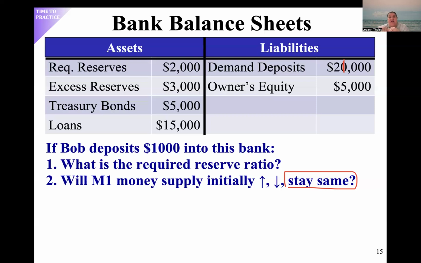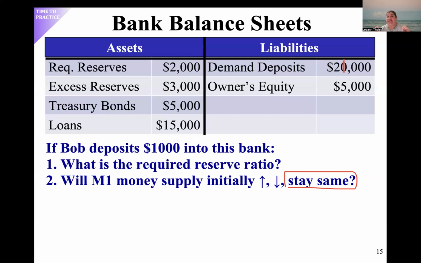I just take it from one pocket and put it in the other pocket, but it's in the same pair of pants, maybe. Does that help you? Like cash in one pocket and cash in my checking account in the other. I'm just moving it from one pocket to the other. We have not generated any new money yet. We don't generate a change in the money supply until after we loan it out.